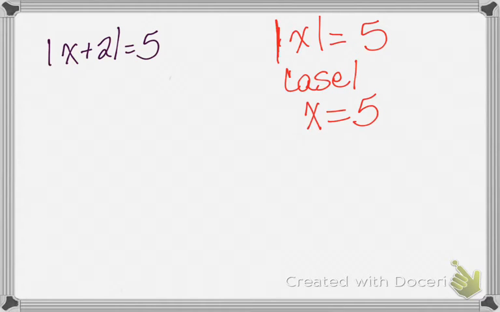That's going to be my positive value. Then I'm going to have case 2, and case 2 is going to be a negative value. So what's x going to equal? Negative 5. Okay? Now, what we're talking about with case 1 and case 2 is what's inside the absolute value.